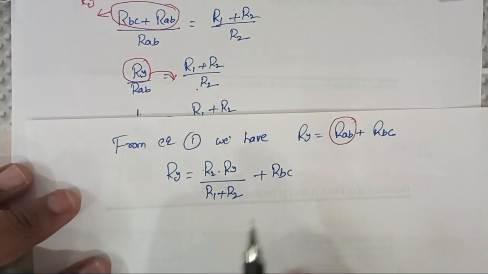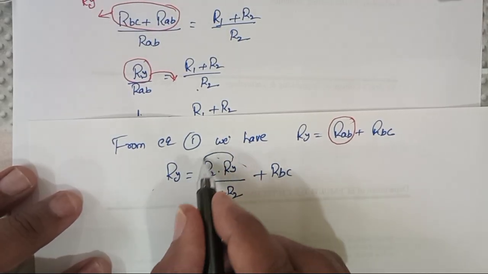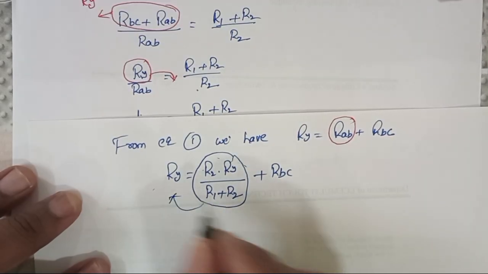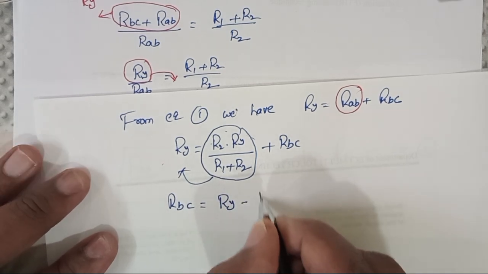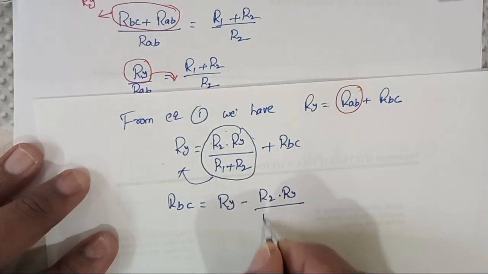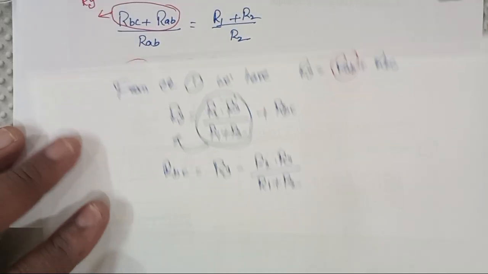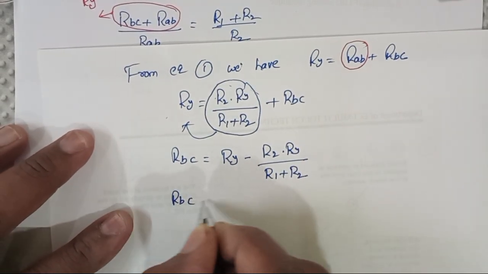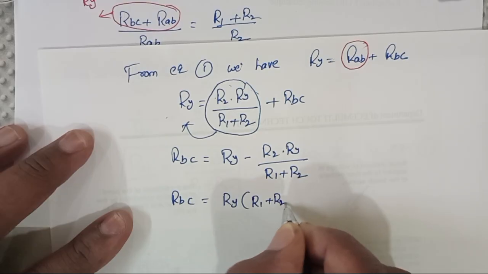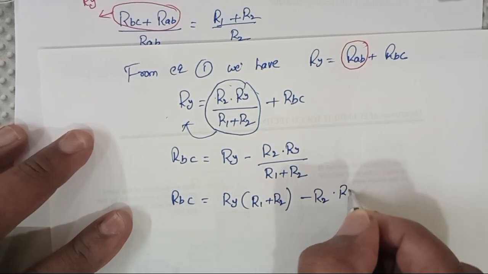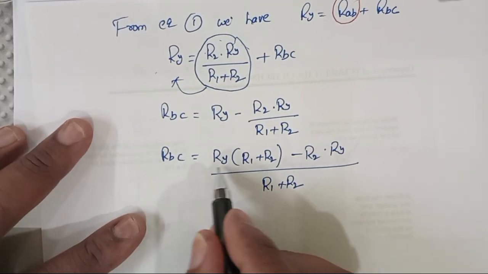Now I am taking this term to this side. So RBC is equal to RY minus R2 into RY by R1 plus R2. Now I am taking here LCM. So RBC is equal to Ry into R1 plus R2 minus R2 into Ry whole divided by R1 plus R2. Just I am multiplying internally.